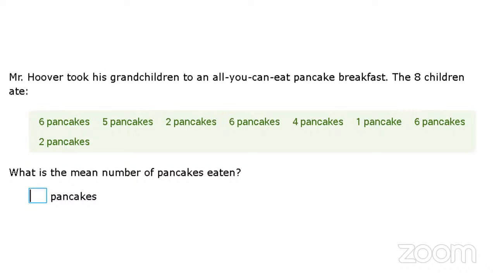Let me see if I can see some explanations in the chat. I see a person saying the mean is 4. How did you get that?